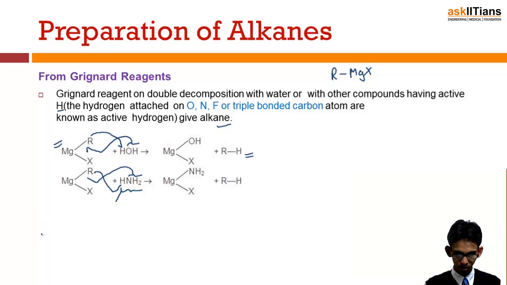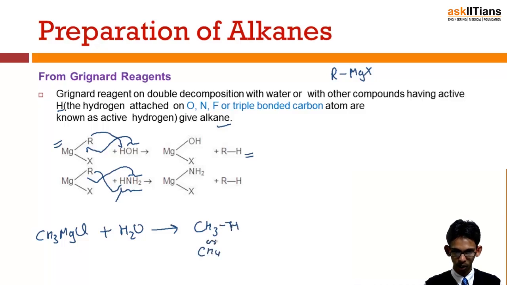Let's say we are reacting CH3MgCl with water, so it will result in the formation of CH3H, or we can write simply CH4, along with MgOHCl.